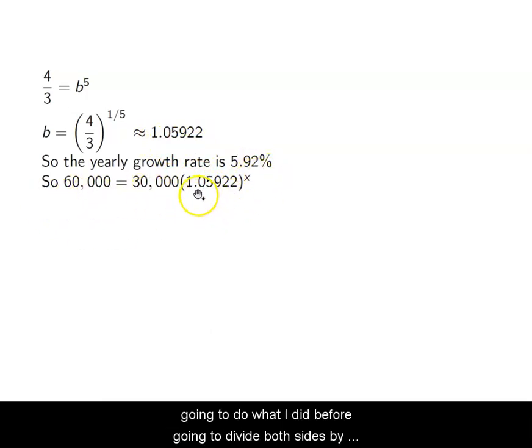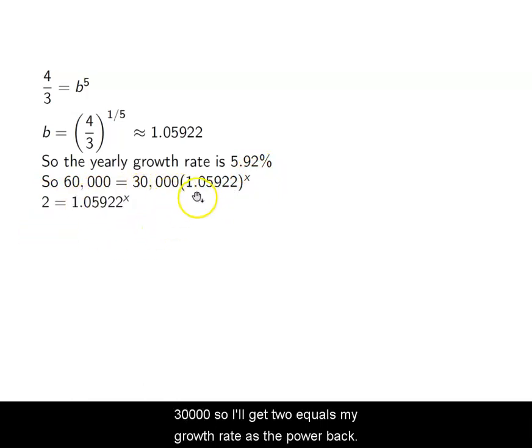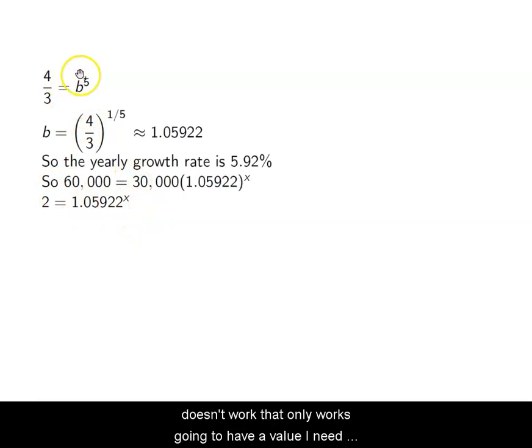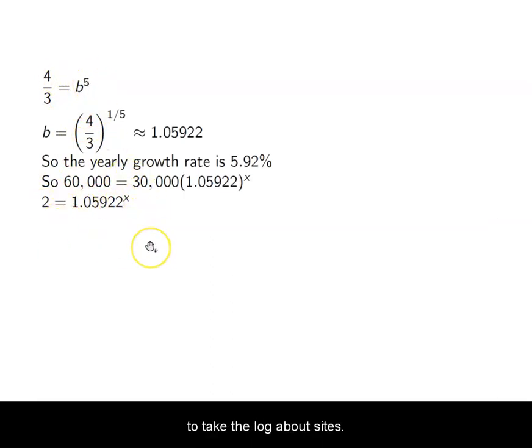So I'm going to do what I did before. I'm going to divide both sides by 30,000. So I'll get 2 equals my growth rate raised to the power of x. And then now I can't take the 1 over x root because that doesn't work. That only works when I have a value. I need to take the log of both sides. Okay, so I will log both sides.